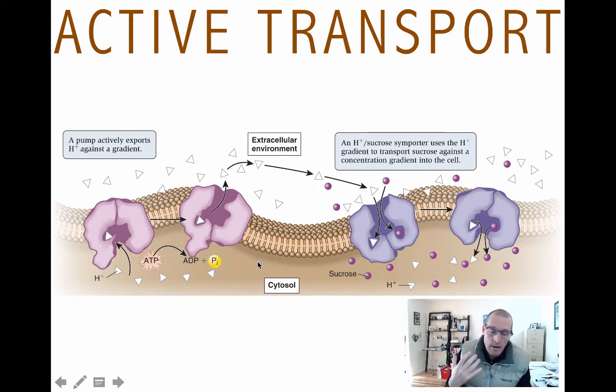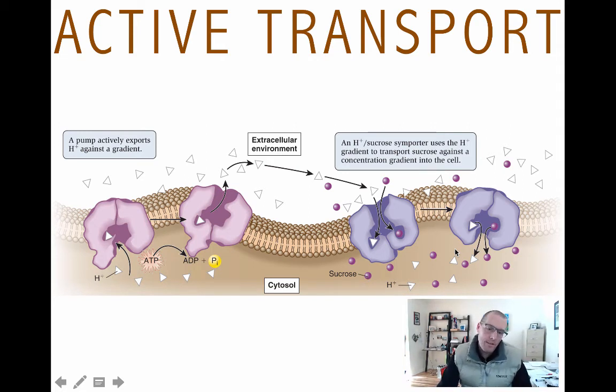In a plant cell, this protein pumps the protons onto this side of the membrane to create a gradient of protons, and then this protein allows the protons to move down the gradient, and as they do so, they release energy, and that can be used to pump sucrose. So you often find primary and secondary active transport working together.